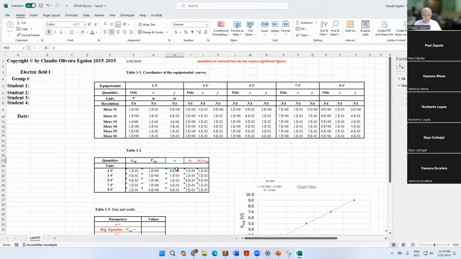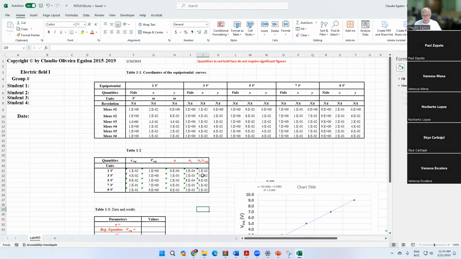The sigma that you see, there is a name for the sigma. The sigma is called the standard deviation. Sigma x is the standard deviation from the mean, also known as the error. And then just the ratio of this one by the average.